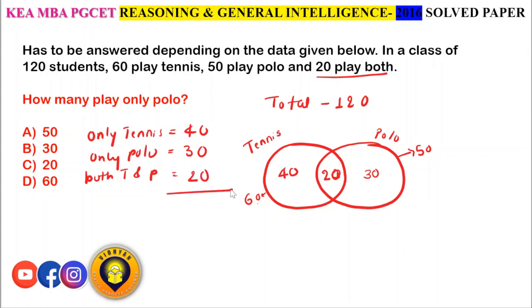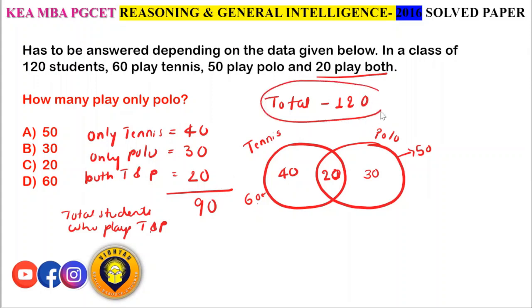So by this you will get total students who play the games. Total students who play tennis and polo will be how much? 40 plus 30 plus 20, that is 90 students play tennis and polo. Out of total 120 students, there are 90 students who play the games, that is tennis and polo.